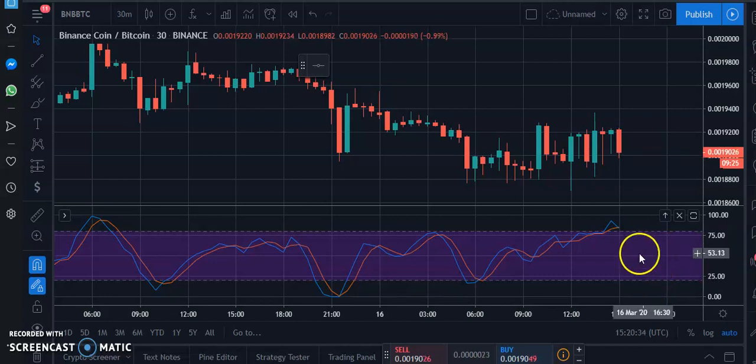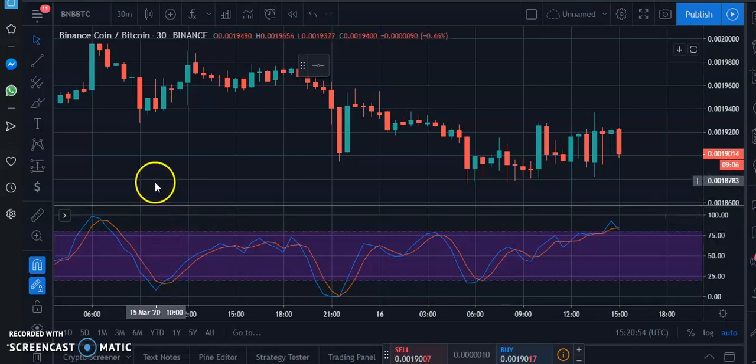Alright, let's look at how it has always been all this while. We should be likening it to what we are seeing from the candlestick. Remember we are looking at the 30 minutes time frame. On the 15th day of March 2020, when the market was oversold here, you can see the candlestick, and after some minutes actually, the market reversed and started going up.